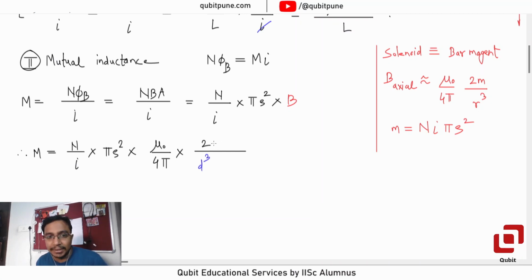And now the magnetic moment, N I pi rho squared. Okay, N I pi rho squared. Got it. Now look, the only numerical constant except pi is 2.